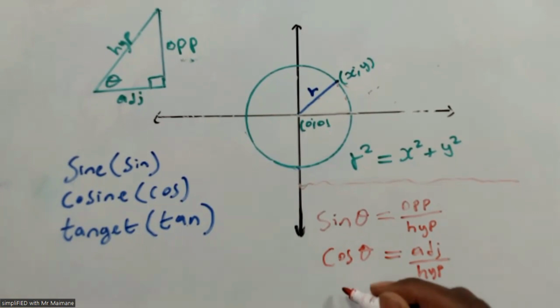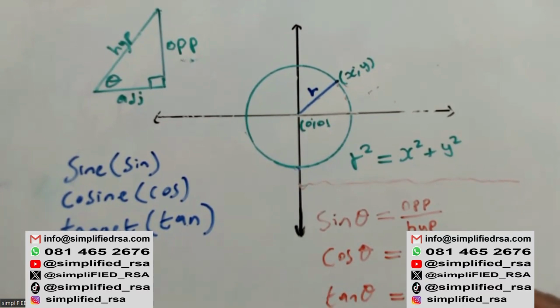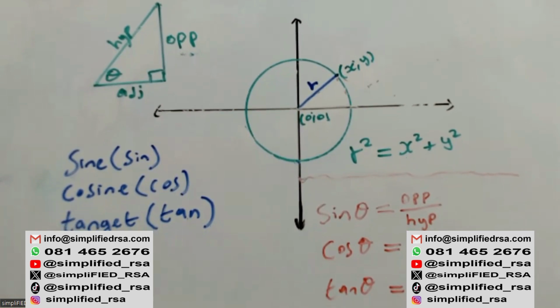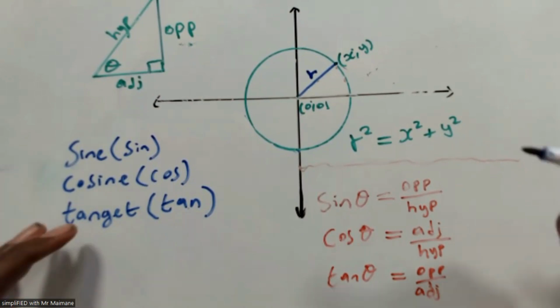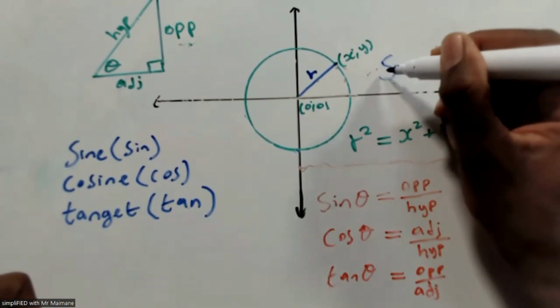And then do you know what is tan theta? Tan theta is opposite over adjacent. Let me just put that one there. Opposite over adjacent. But I know that somewhere back then, someone might have told you about something like this.